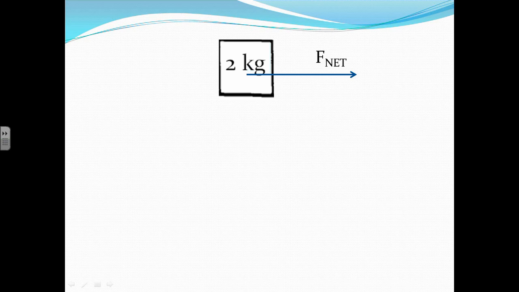So let's isolate this 2 kilogram box. For the 2 kilogram box, the net force on it must be proportional to its acceleration. Now, as part of our system, the acceleration on this box must be 2.5 meters per second squared. We're not certain about what net force is on the box, but we know its acceleration, so we can find this net force.